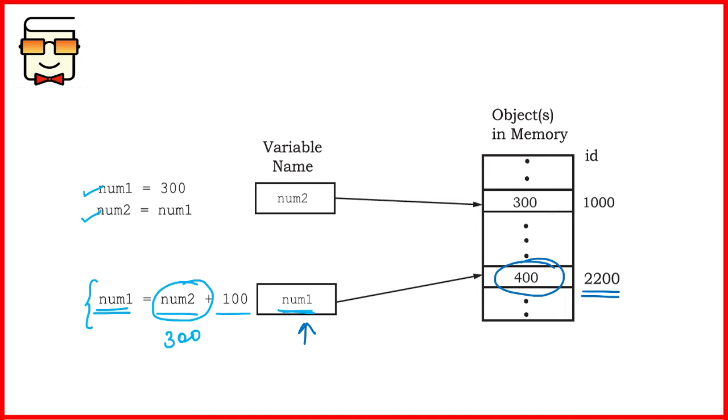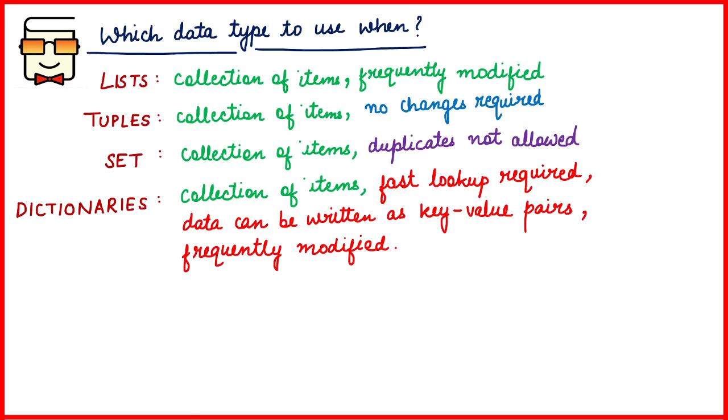This is a new memory location that contains the new value, and the old memory location remains unchanged. Okay, so if this particular num2 variable was not pointing at this particular location 1000, then this data would have been completely deleted. Okay, so that was for mutable data types and immutable data types.